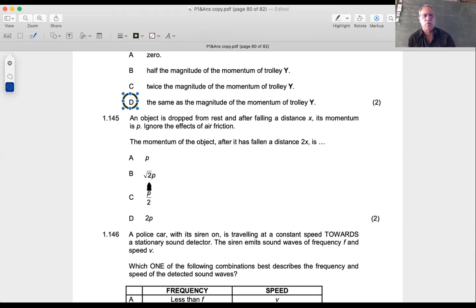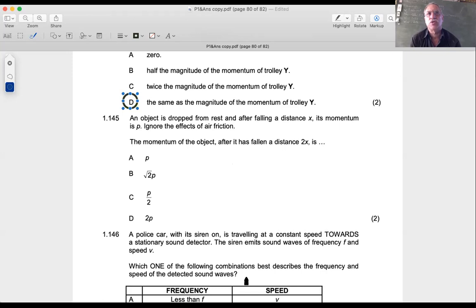Now why would they? Okay, so if its height changes, let's suppose it starts from 0 and it falls a distance x. It's got so much mgh. If it falls to twice the distance, it's going to have twice the potential energy lost. That's going to go into kinetic energy.